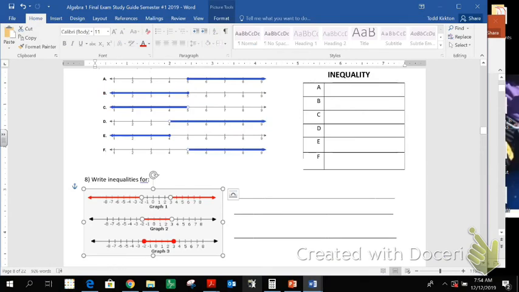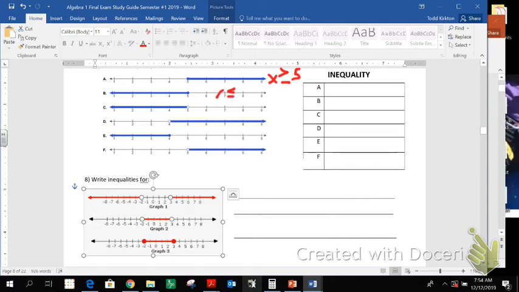Okay, so write inequalities here. Pause it, go ahead and write your inequalities, and we'll check. And you're looking for open circle, closed circle, and then the direction of the arrow. So first one, closed circle. So I know it's an equal to. Arrow is going to the right, and my number is 5. This one is also closed circle.